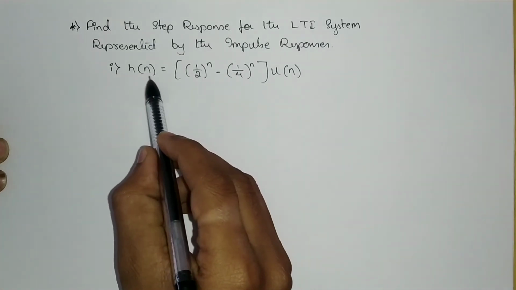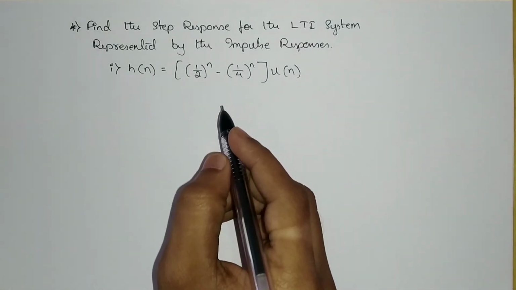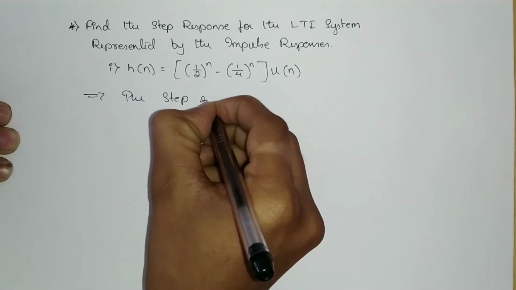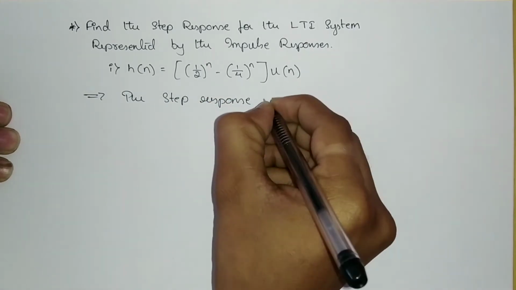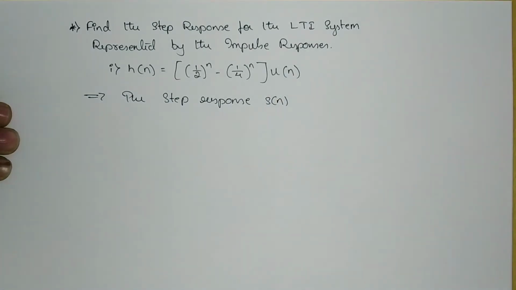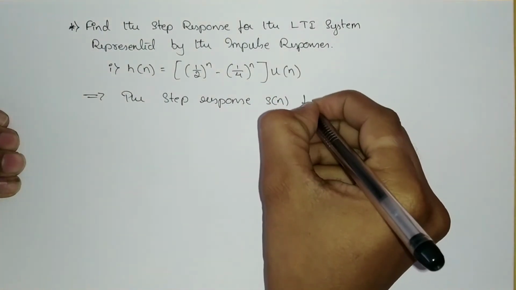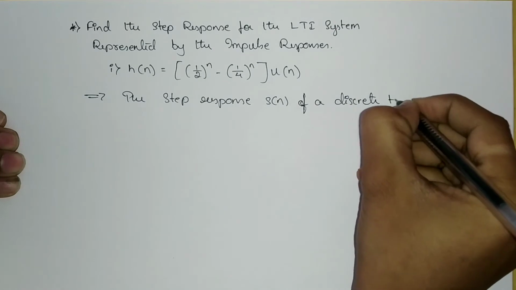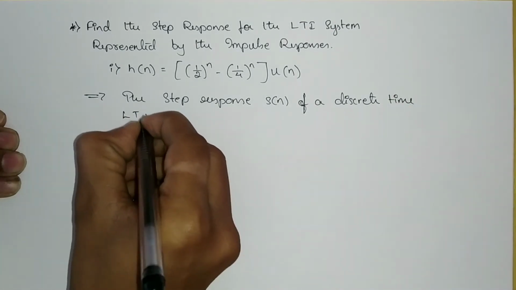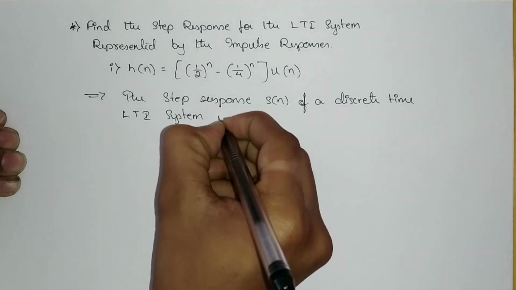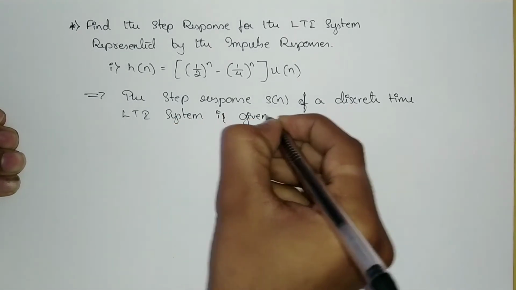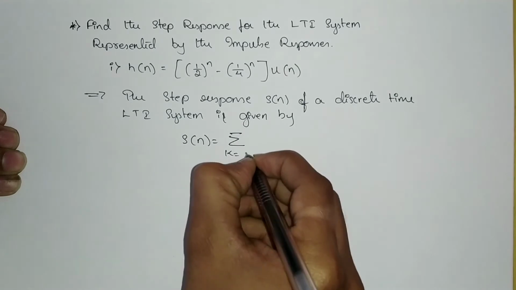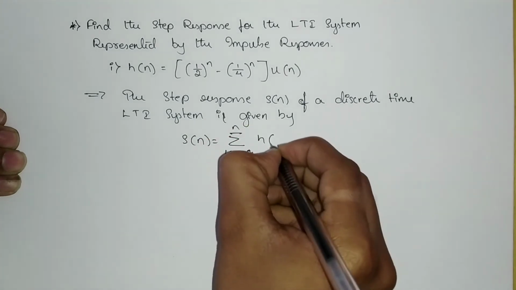Since it is a discrete time system, the step response s of n of a discrete time LTI system is given by s of n is equal to summation of k equals minus infinity to n of h of k.